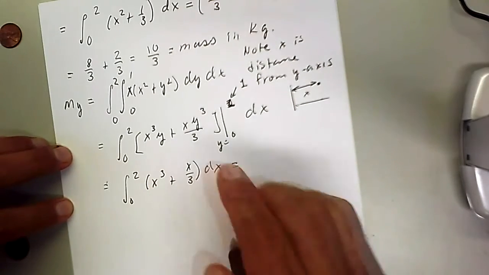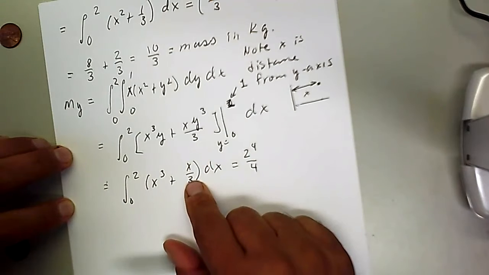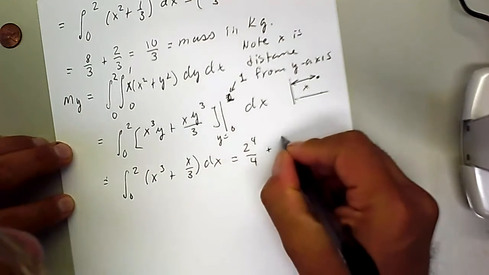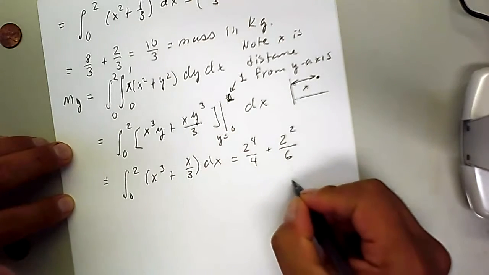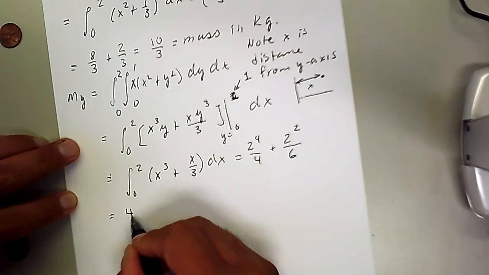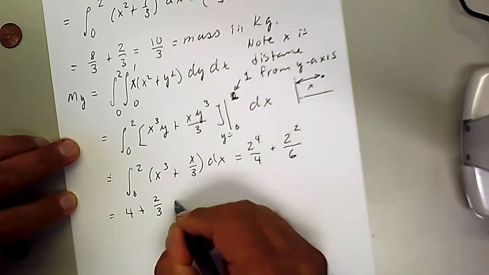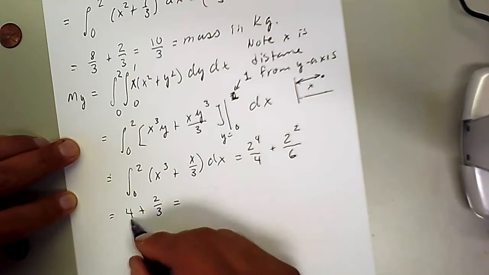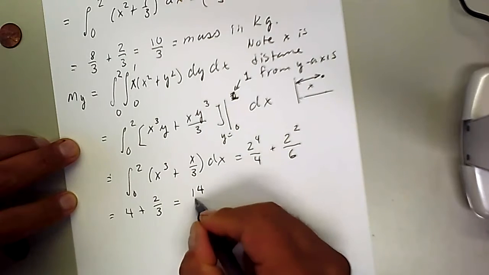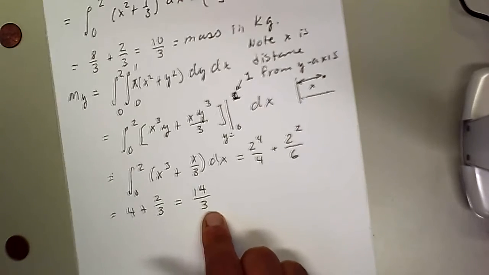That's going to give us x to the 4 over 4. When we plug in 2, we get 2 to the 4 over 4 plus 2 squared over 6. That gives us 16 over 4, which is 4, plus 4 over 6, which is the same thing as 2/3. Three times 4 is 12, and 2, 14 over 3. So we end up with 14 over 3 for the moment of the plate with respect to the y-axis.